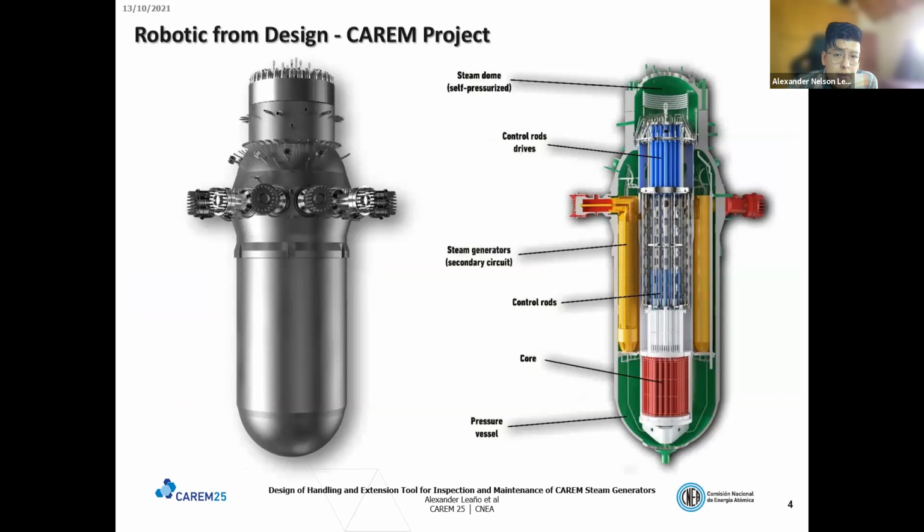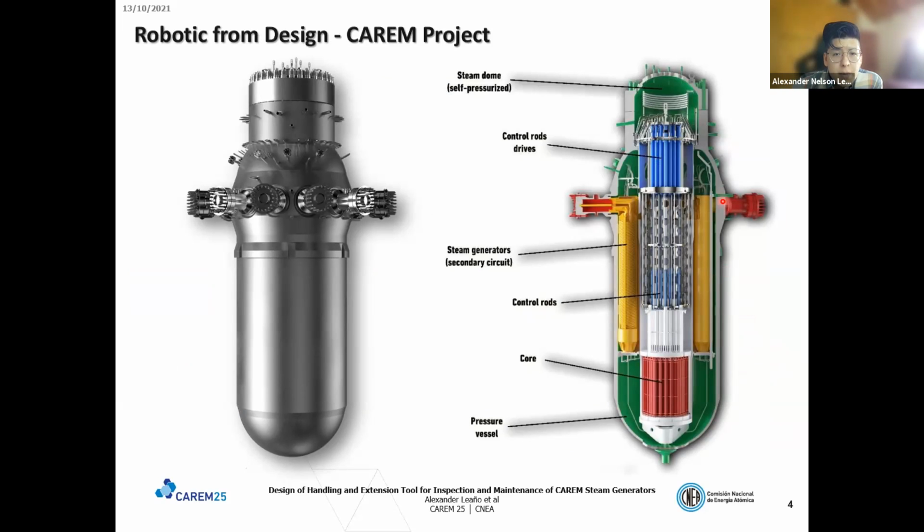Okay, but what we talked about before is in general the life cycle of a plant. Different systems have been proposed, but in our project, the CAREM project, we propose the use of robotics from the design.